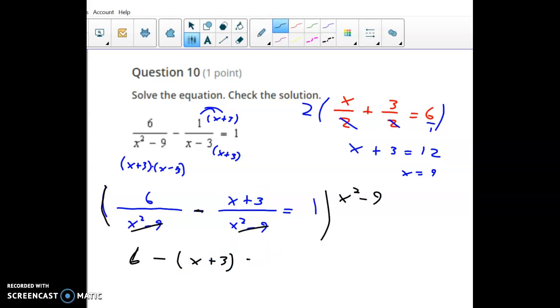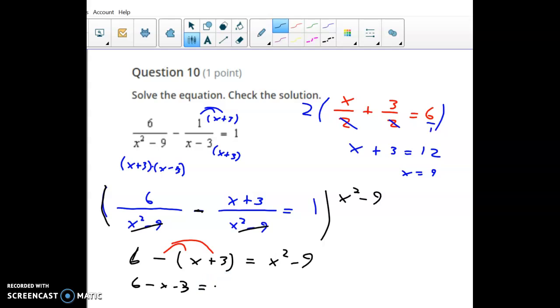Denominators are gone. On the other side we have 1 times x squared minus 9. Okay, now it's no longer a fraction question, so we just got to keep simplifying from here. So this side will become, let's see, 6 minus x minus 3.